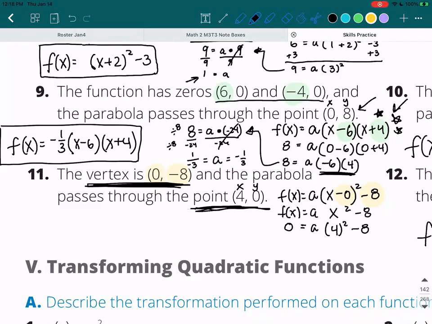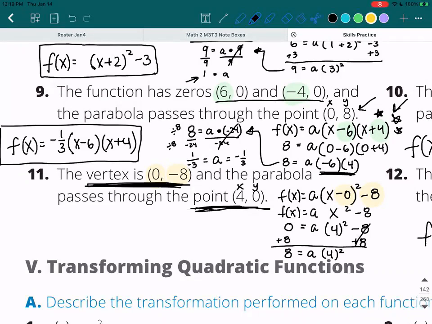I'm going to pause here before we simplify, just to see if you guys have any questions. Okay, let's keep going. So we're going to simplify this. 0 is equal to, oh wait, sorry. Let's get a by itself, so I'm going to add 8 to both sides. That gives us 0 plus 8 is 8, is equal to a times 4 squared.